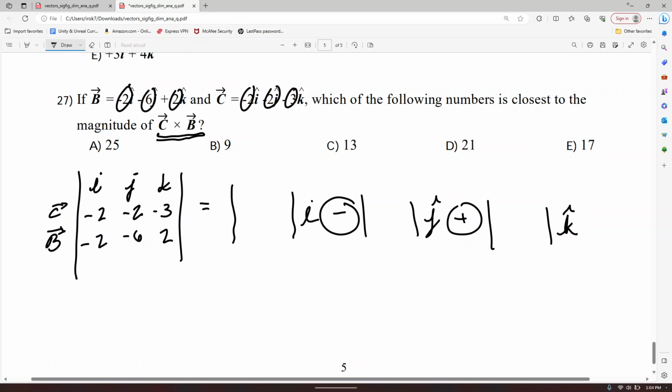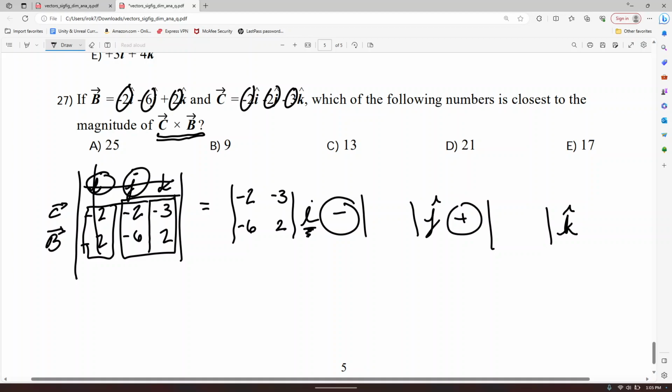In order to make our table, once we have these values, we can just look at the table. For example, right here, we're looking for i. So when we take i, we cross it, and now this will be our table: -2, -3, -6, and 2 is our first table. Our second table, when we look at j, would be -2 and 2, and -3 and 2, because we cross like this.